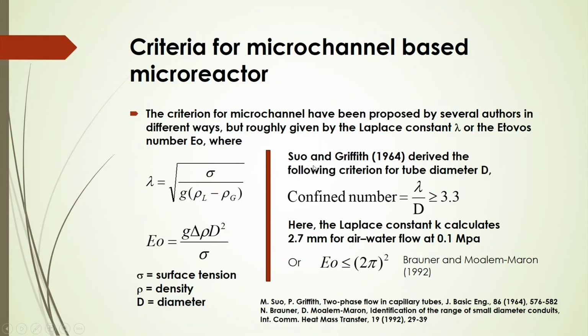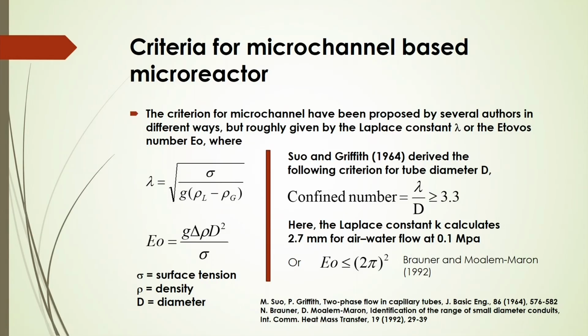As per Su and Griffith, 1964, they derived the following criterion for the tube diameter d for microchannel based reactor development. Here the confined diameter criterion is that lambda by d should be greater than or equal to 3.3.